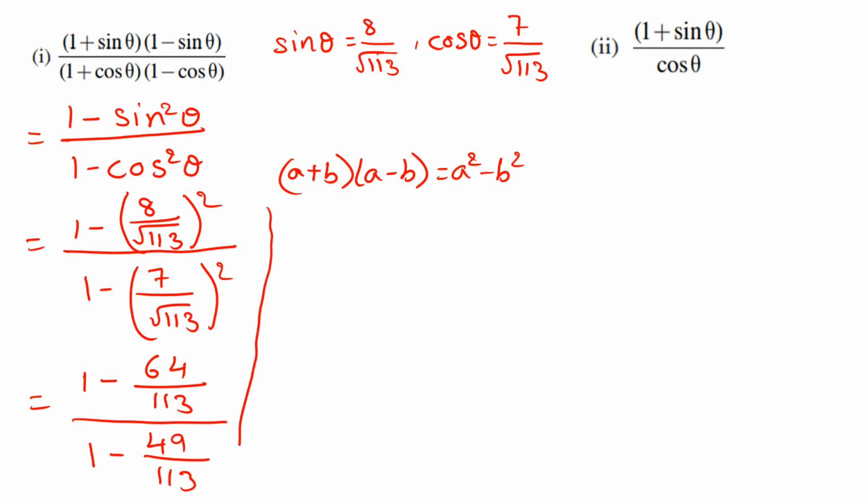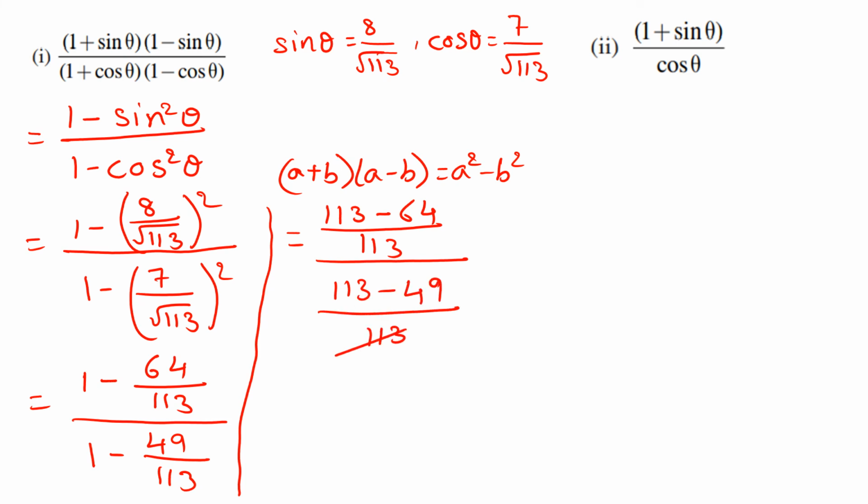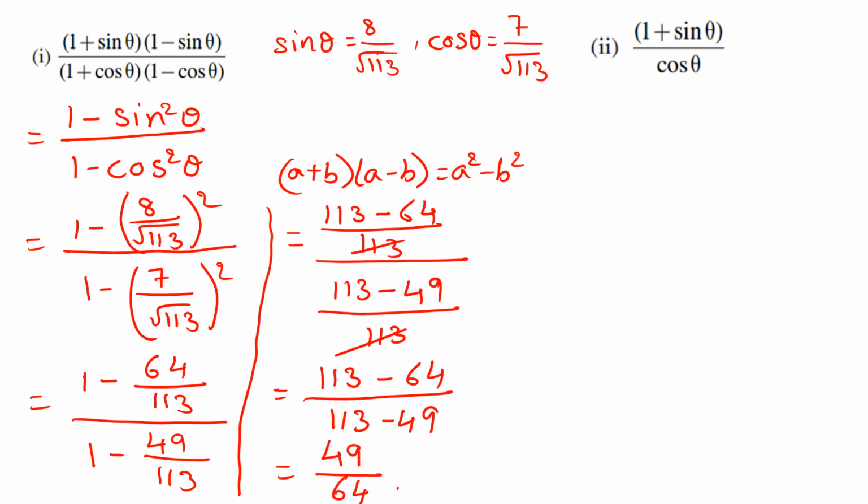The LCM is 113, so the numerator is 113 minus 64 by 113 and the denominator is 113 minus 49 by 113. The 113 is cancelled, so we get 113 minus 64 by 113 minus 49, which equals 49 by 64. That is the value.